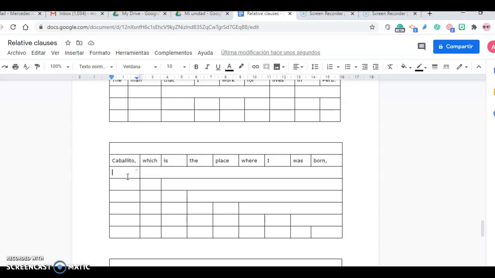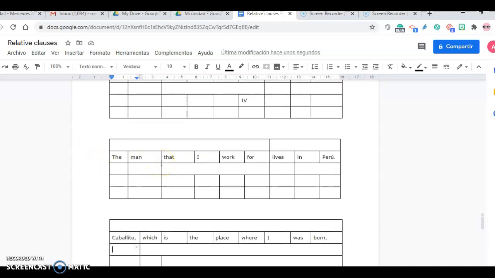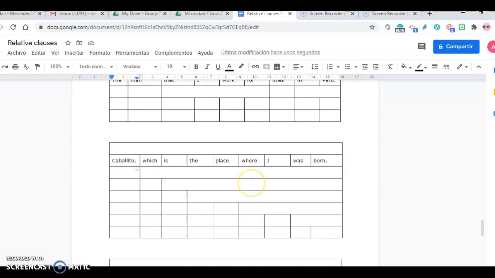The antecedent of non-defining relative clauses, as I explained before, is always defined, while the antecedent of defining relative clauses is undefined. That is why defining relative clauses define it. Or we can also say that defining relative clauses restrict its meaning. I've got only 3 minutes left, and I want to finish this.